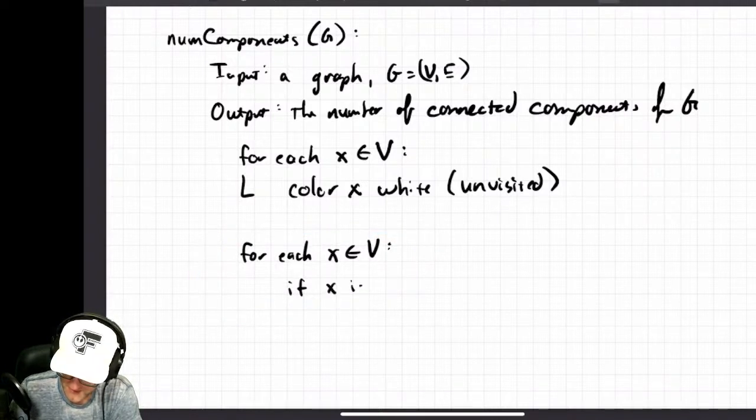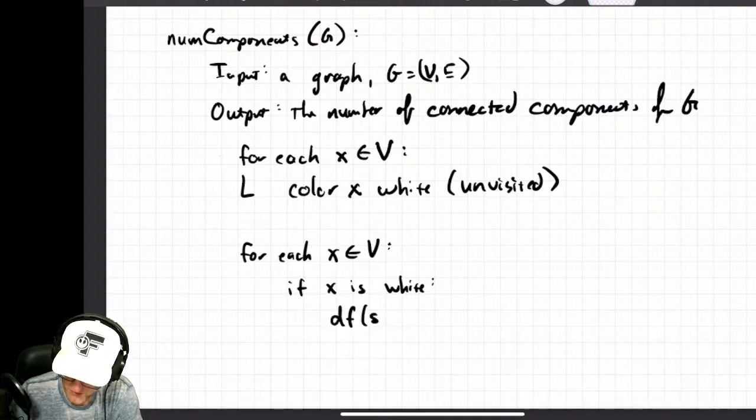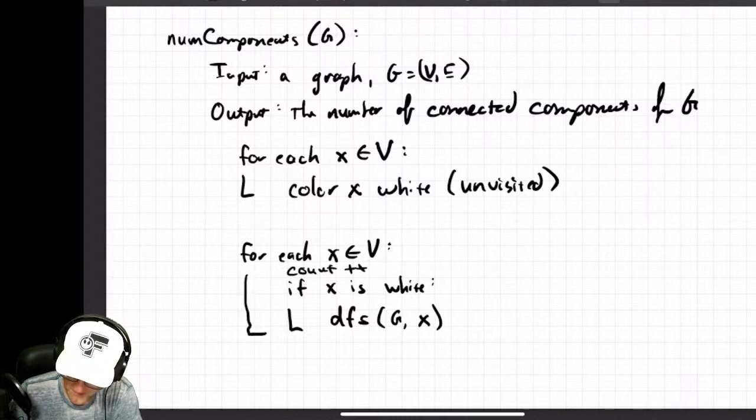If X is white, then I will go ahead and perform that DFS subroutine on G, starting at X, right? And then I'll increment a counter. I could do it before, I guess. Count plus plus. Right? And there's my for each. And so I'll initialize my counter to 0.